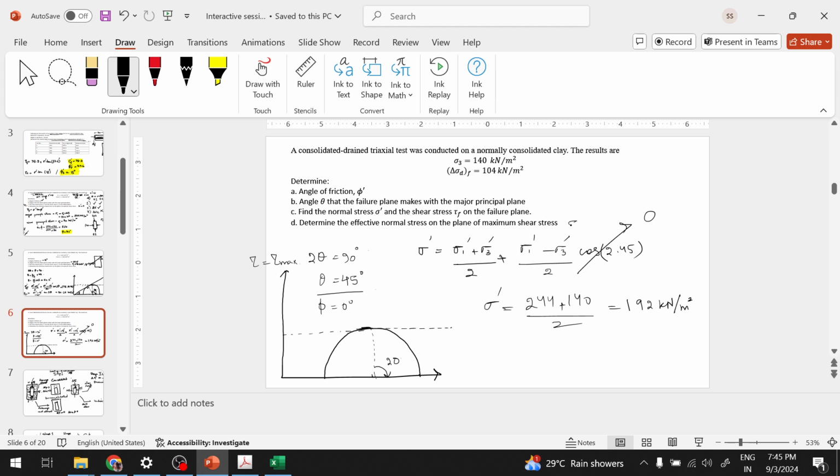In this case, sigma dash n at tau max will be 192 kilonewton per meter square.